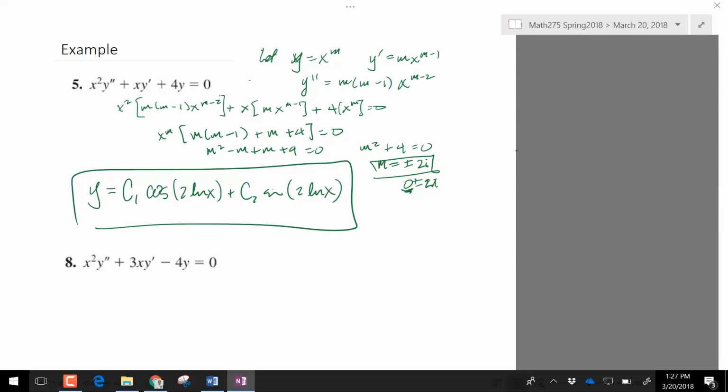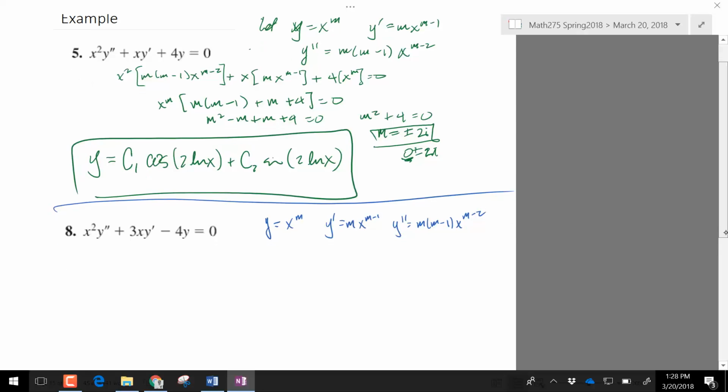Let's go through the process again. We're going to let y equal x to the m. y prime is equal to m x to the m minus 1, and y double prime is equal to m times m minus 1 x to the m minus 2. And then we'll plug all those things in.